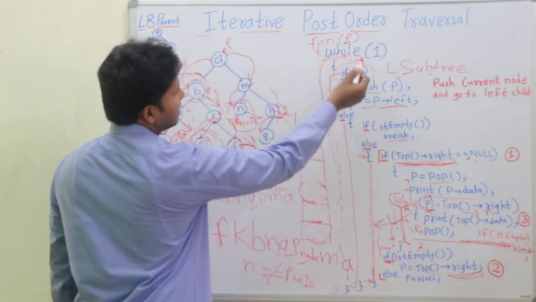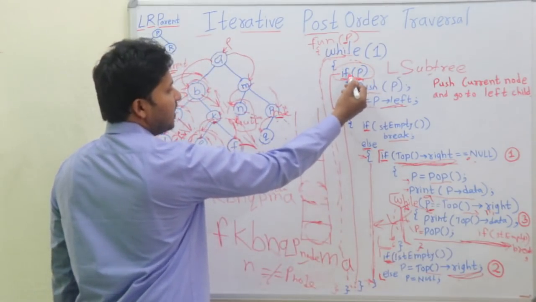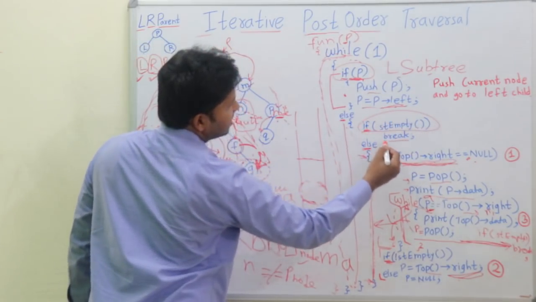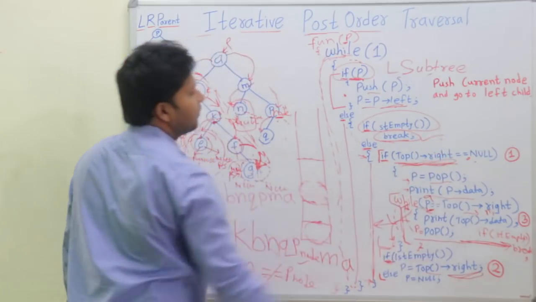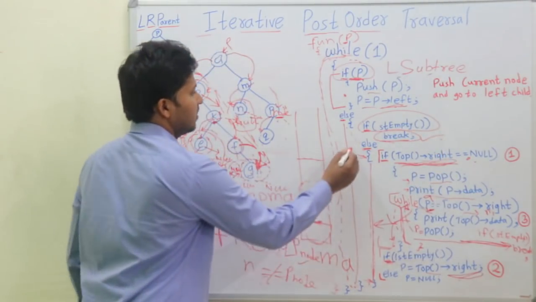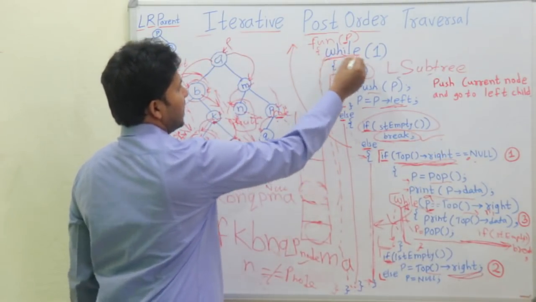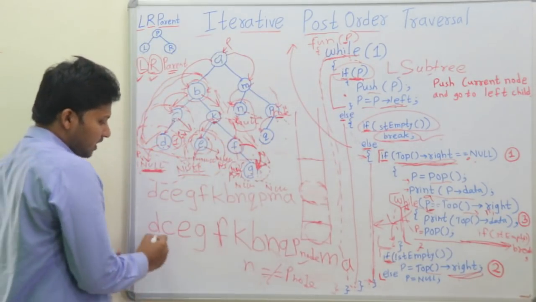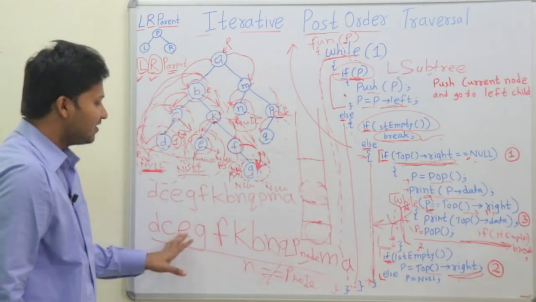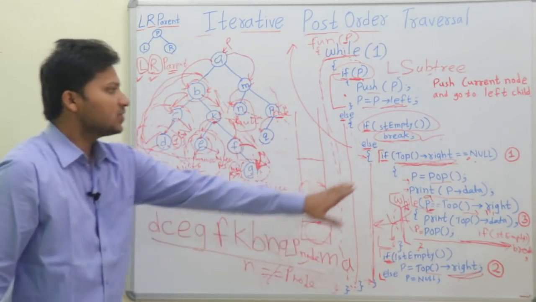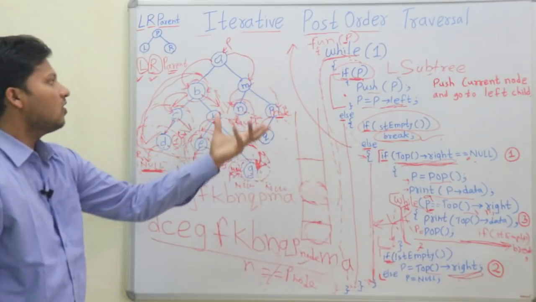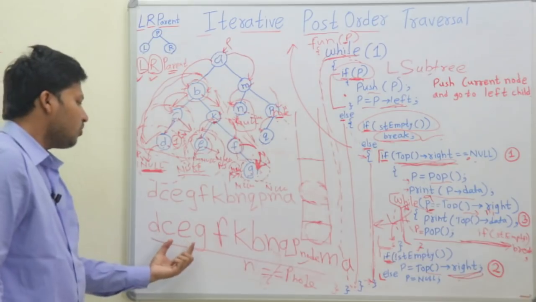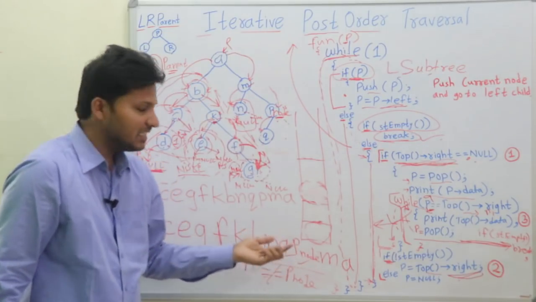So in the next iteration, if p fails, we will come in else, and here stack empty will be checked, and we will break from the outer while, and we will come out of this function. So in this way the iterative post order traversal is printed. As we break, we know that all the nodes in the binary tree are over, and the job of printing post order traversal is done.